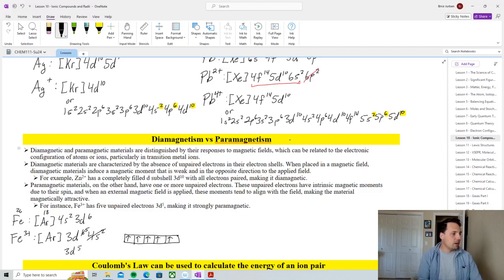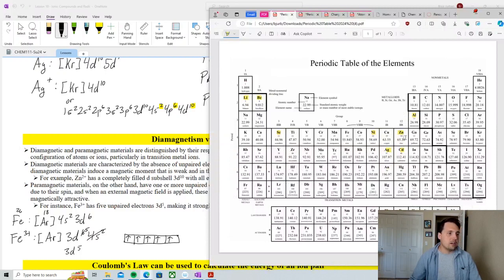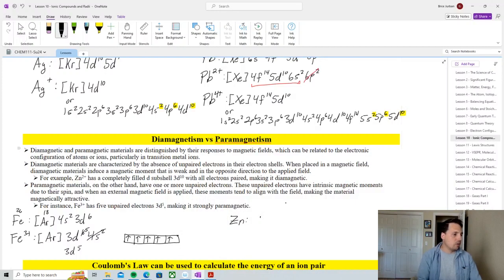An example of a material that's diamagnetic is going to be zinc 2+. So zinc is at the end of the first transition block. It's got 30 protons and a total of 12 non-core electrons.